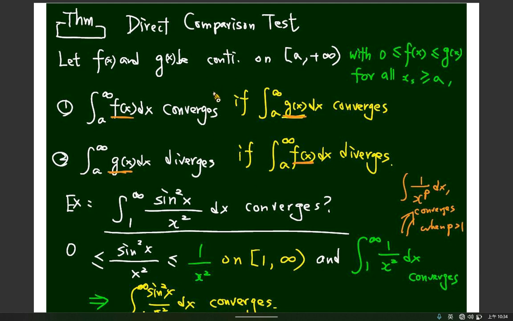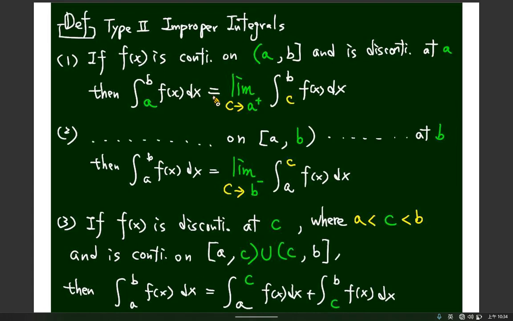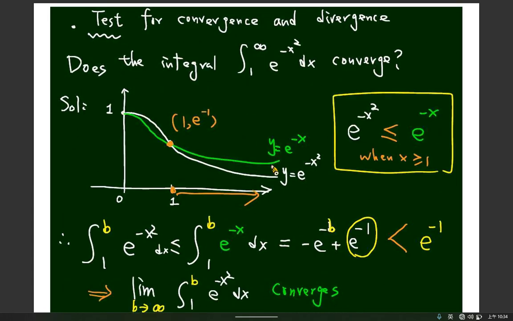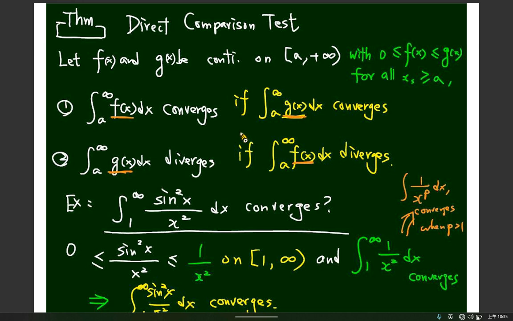So you just need to find one function for which we can determine it is convergent or divergent. Then based on this fact, we can infer that the other one is convergent or divergent. So we also have two rules here.